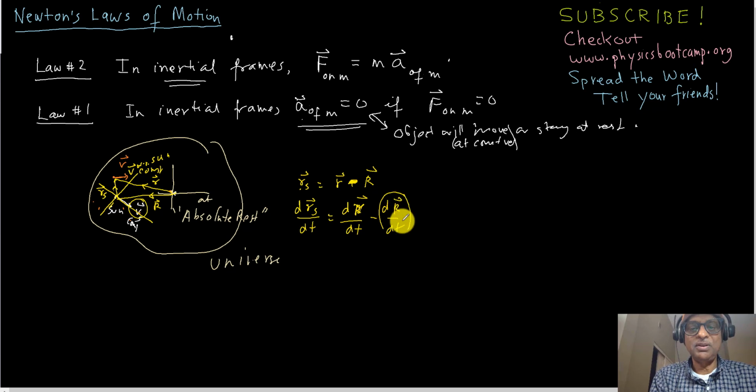Now this is the velocity of the sun, which is constant. This is the velocity with respect to the center of this universe. This is also constant.